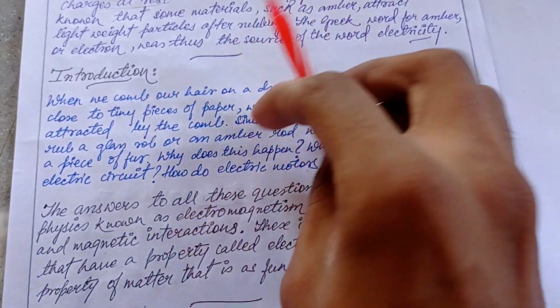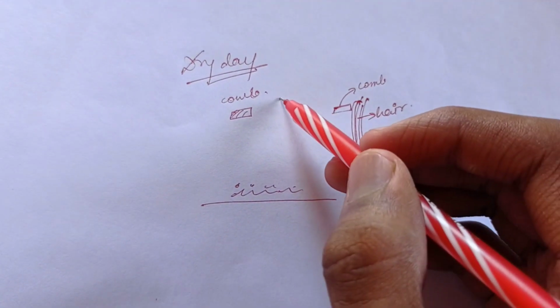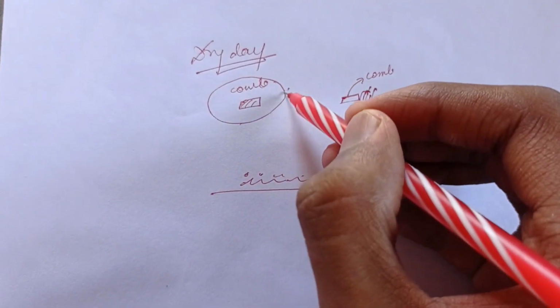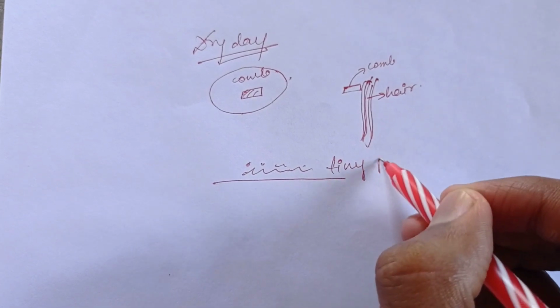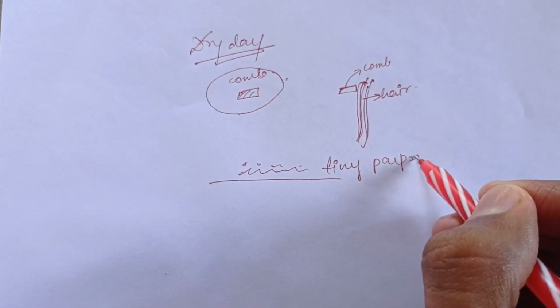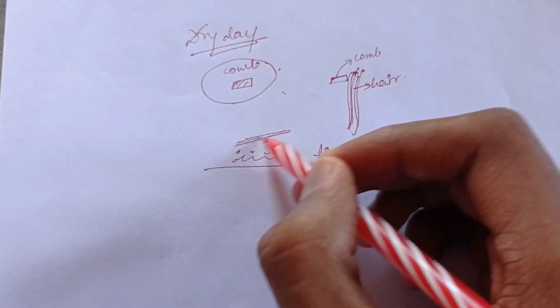Let's take some paper. On a dry day, we take a comb, and here are some tiny pieces of paper. When we bring the comb close to them, we'll see that nothing happens.